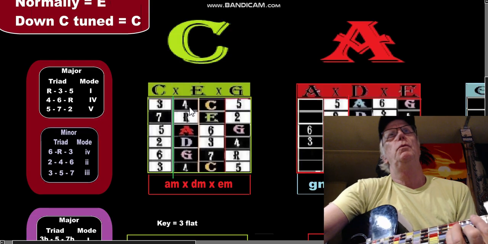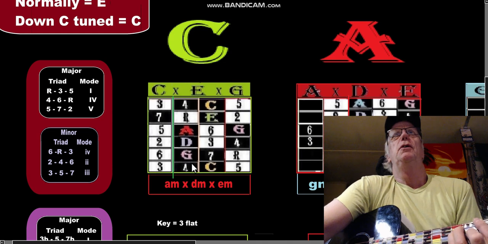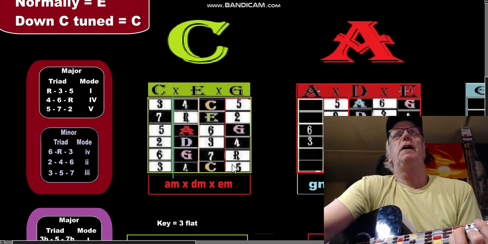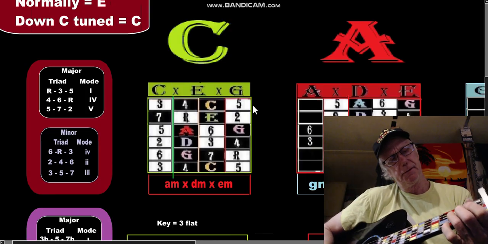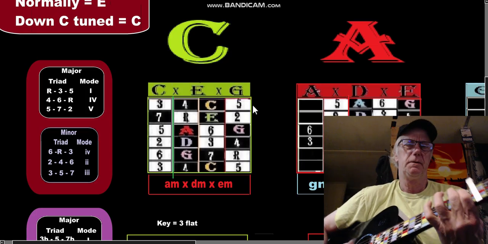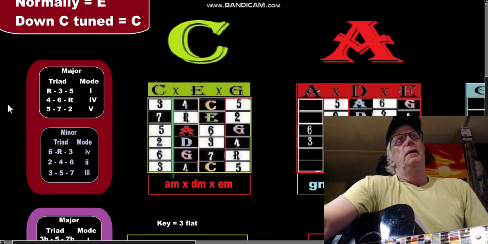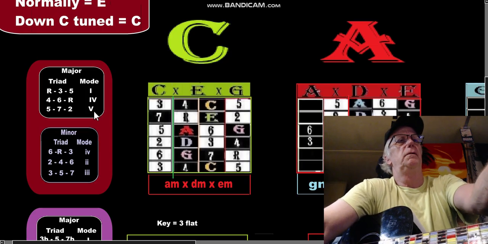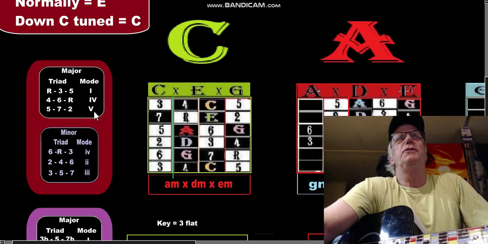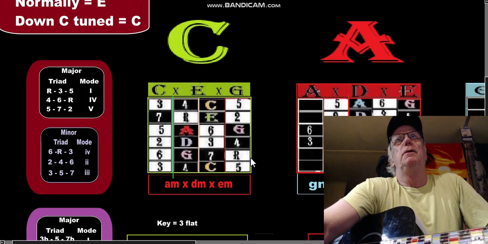Now, when we want to do the pentatonic, we're going to extend. We're going to go 4, 5, 6, root 2, 4, 5, 6, root 2, 4, 5. Five, dominant. 5, 7, 2 in the G shape. 5, 7, 2, 5, 7, 2, 5.